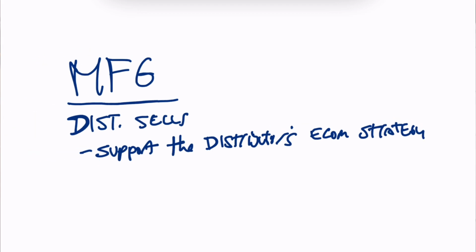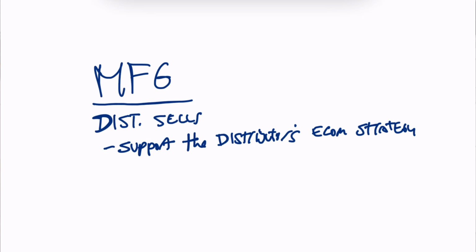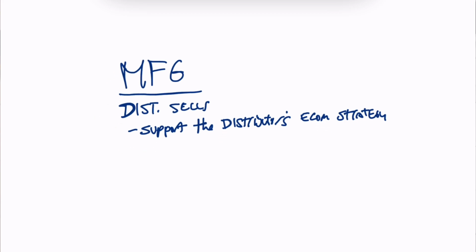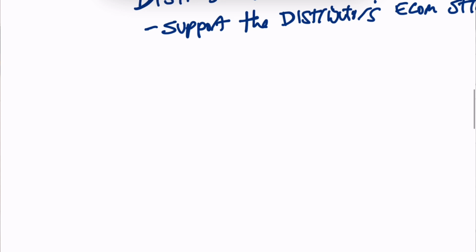Right? So support the distributor's e-commerce strategy. The manufacturer that owns the product is there to support the distributor's e-com strategy. What does that mean? That means we have to actually go to the distributor's strategy first. So let's tackle that.